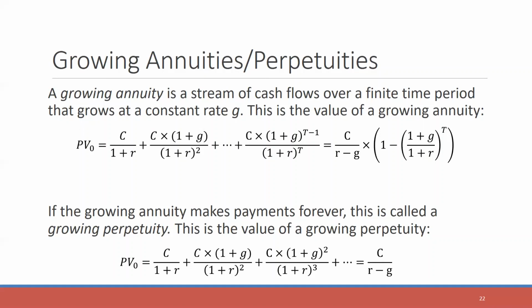Okay, so you already were doing a growing annuity formula. You didn't even know it. It just happened to be the case where the annuity would grow at a rate of 0. The growing perpetuity formula, same idea. We've got C divided by R minus G, and we'll see in the examples that we do next is that whenever we have an annuity or a perpetuity that's growing, its present value is going to be that much higher.